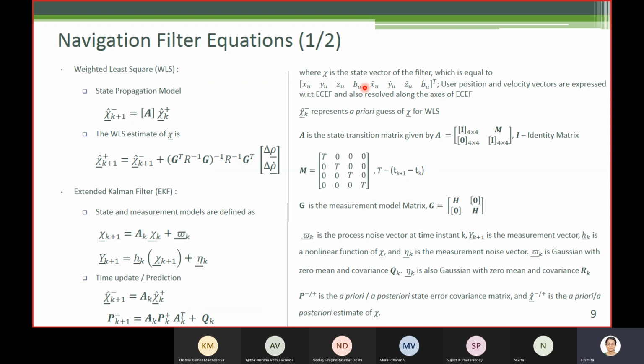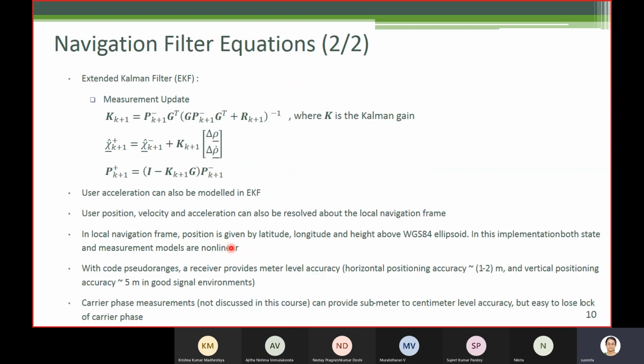But if we have the formulation in the local navigation frame using the latitude, longitude, and height, then A also becomes a nonlinear matrix. Both A and H would be nonlinear there. So the implementation is more complex, but it is possible.